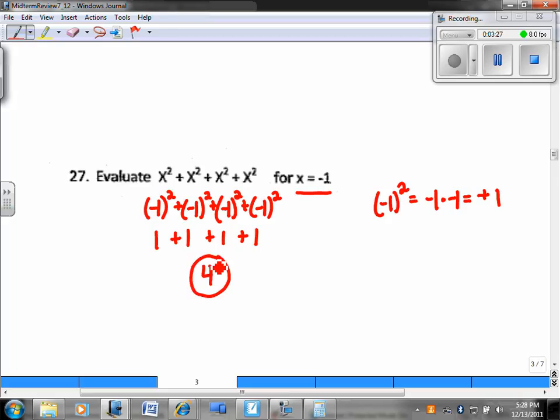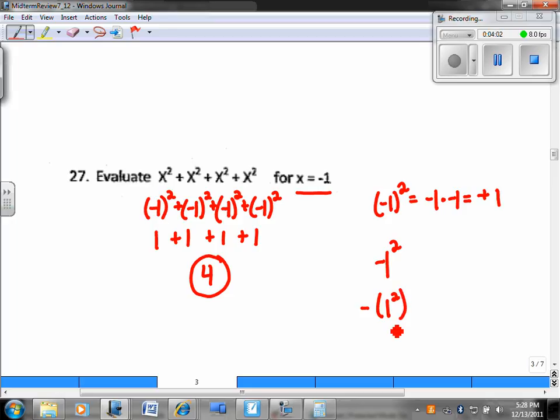Now this is where you have to be very careful. If you use a calculator, unless you tell it that this is the quantity negative 1 squared, and the way that you tell it that is by putting it in parentheses, it's not going to give you the correct answer here. If you write negative 1 squared in your calculator, it's going to tell you that that is negative 1, because what it's doing is negative times 1 squared.